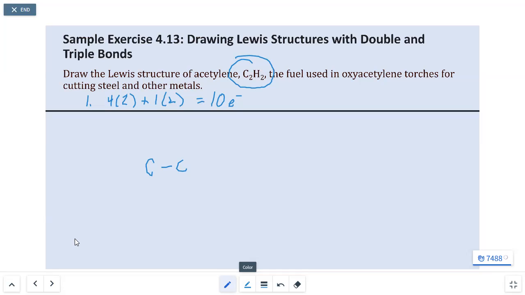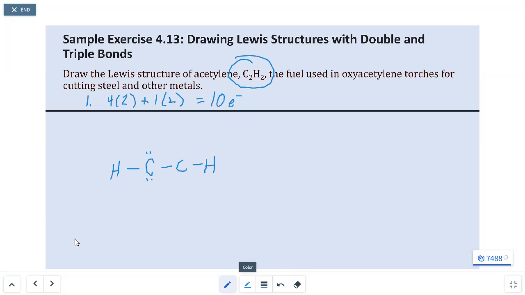So in this case, I've got a carbon-carbon chain. I'm going to fill out my hydrogens evenly, 1 on each carbon. And I need to fill out the octets now. Hydrogen is okay. It only has 2 electrons. This carbon here on the left has 2 and 4, so it needs 6 and 8 to fill out its octet.